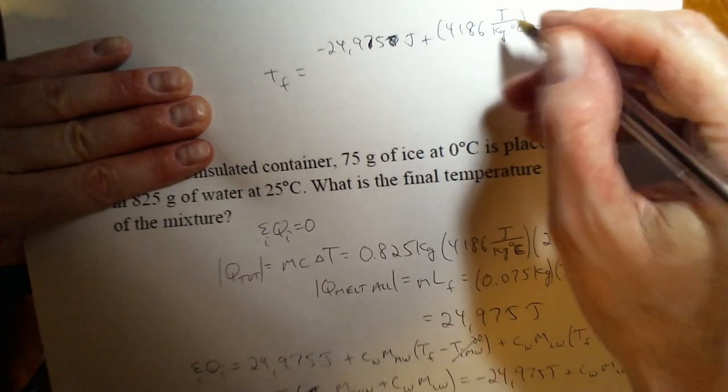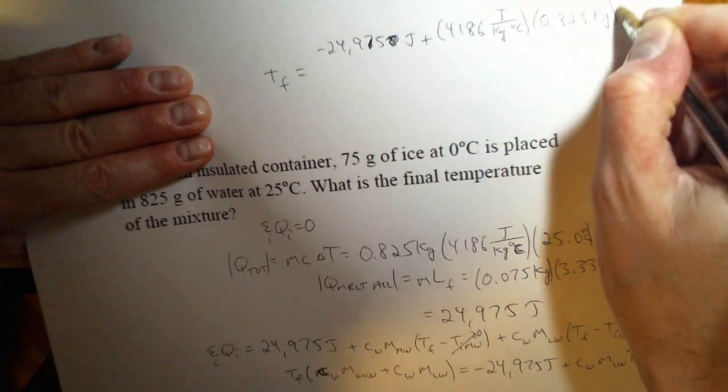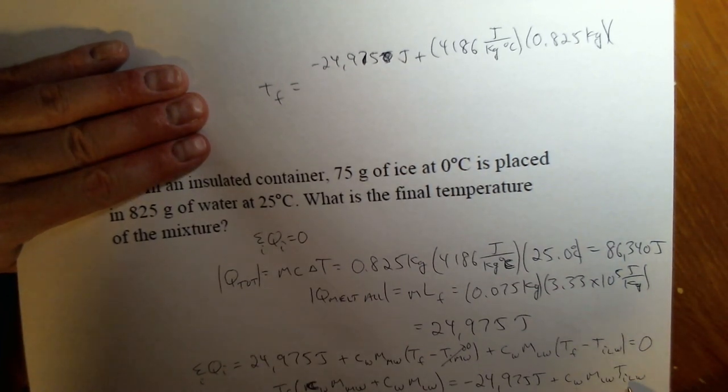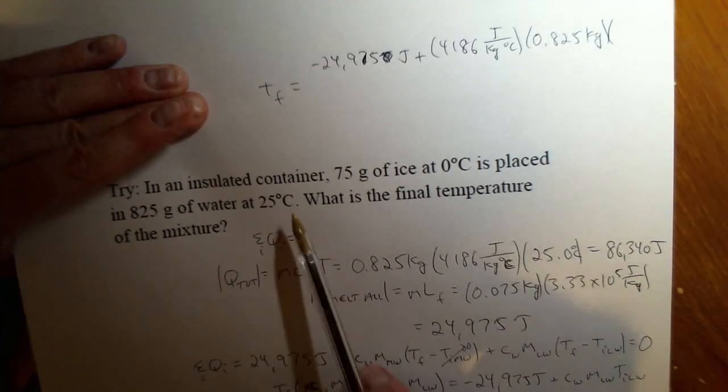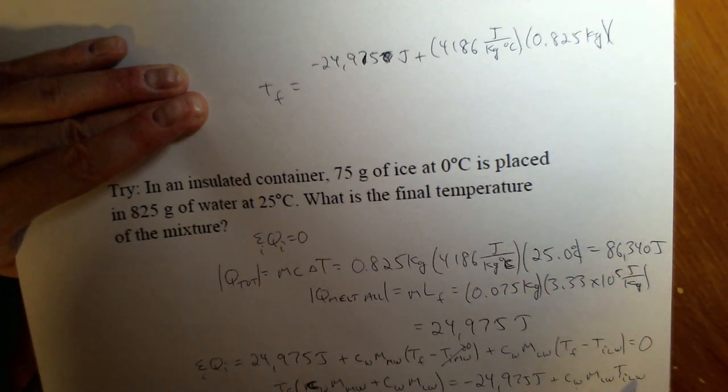So times 0.825 kilograms times, I'm sorry, times the initial temperature of the liquid water, which was 25 degrees centigrade. And I can use the 25 degrees centigrade as long as I'm solving for the final temperature in degrees centigrade, because notice I had all differences here.